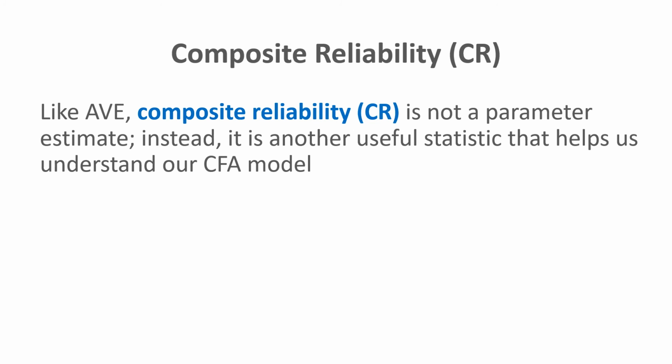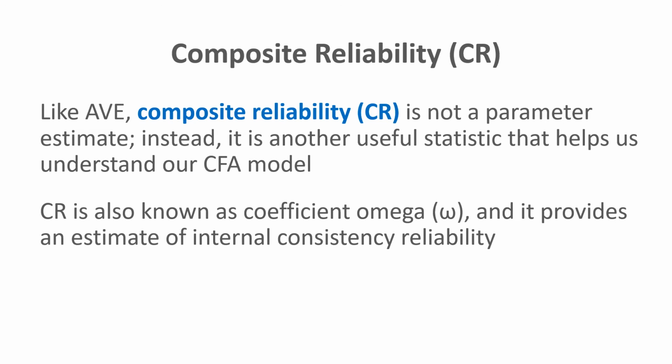Now let's talk about composite reliability, or CR. So like average variance extracted, or AVE, composite reliability is not a parameter estimate. Instead, it is another useful statistic that helps us understand our CFA model. So composite reliability is also known as coefficient omega, and it provides an estimate of internal consistency reliability.